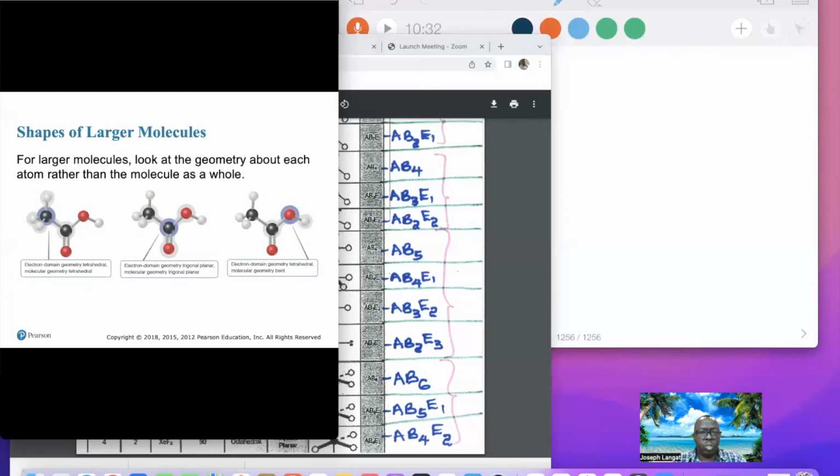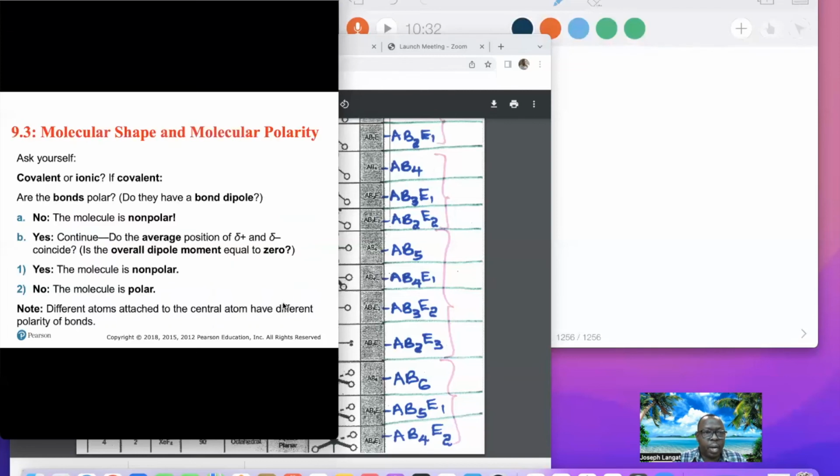For long chain molecules, such as organic molecules with a long chain of carbon, you treat each and every atom individually. For example, here, this is CH3COH. We only look at each carbon individually for a linear molecule.